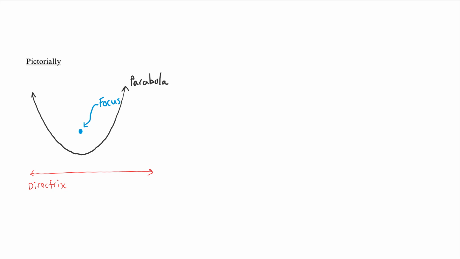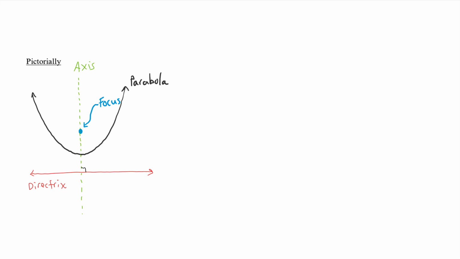And then the line that contains the focus and is perpendicular to the directrix, that's called the axis of symmetry, or just axis for short. So if you just want to call it the axis, that's fine.